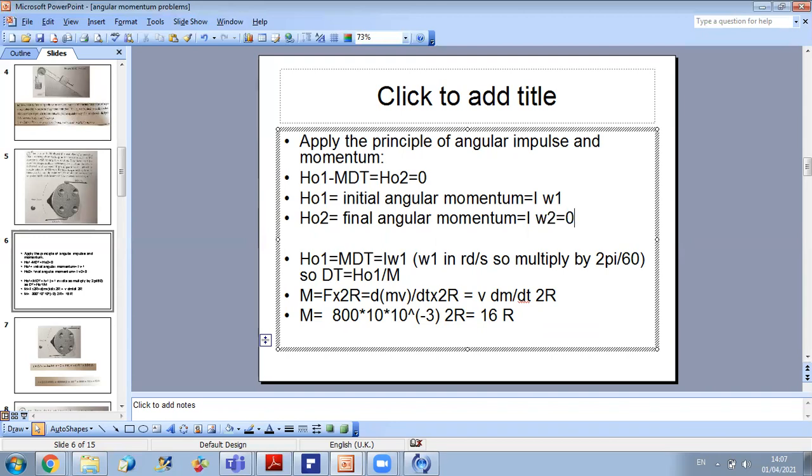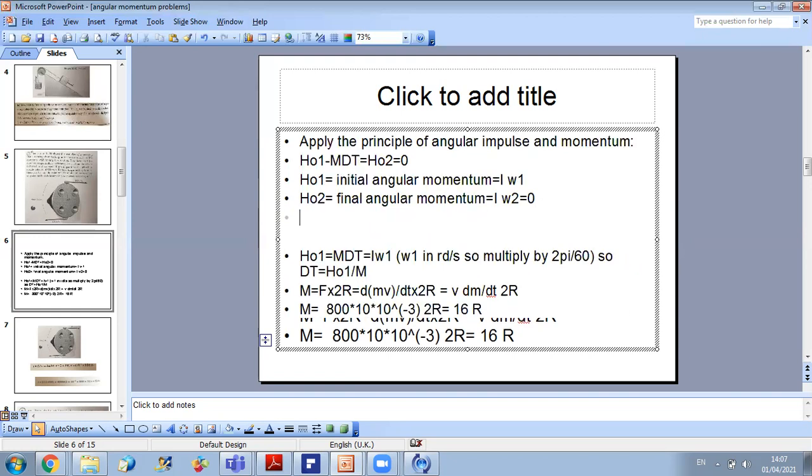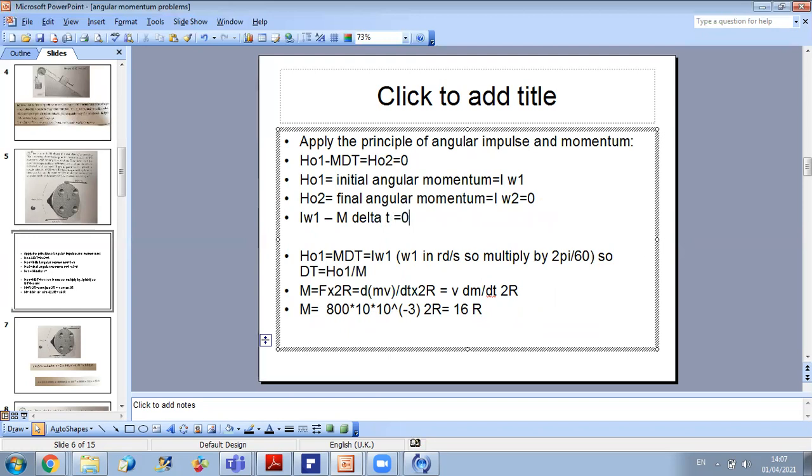Now if you replace in the principle of angular impulse and momentum, you have H_O1, which is inertia times omega 1, minus moment times delta t, equals 0. You want to find delta t, right?